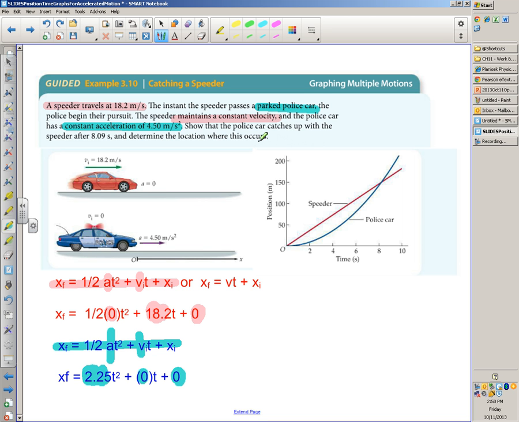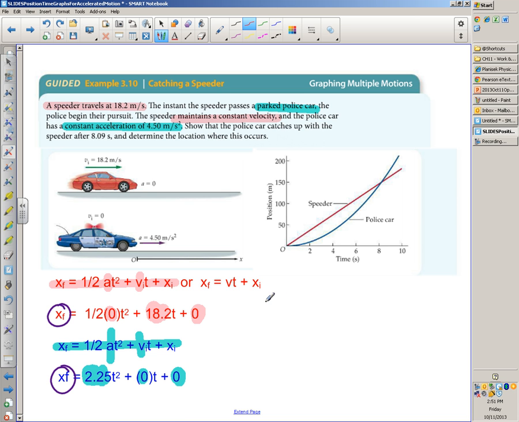Okay, police car catching up with the speeder, what does that mean? If the police car catches the speeder, how do I know when the police car catches the speeder? They meet, meaning that, Jamie, they have to be where? The same place, when? At the same time. Right? So, that means that this and this have to be the same. And if that and that are the same, guess what we can do to those two equations?